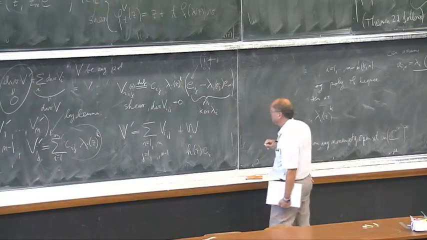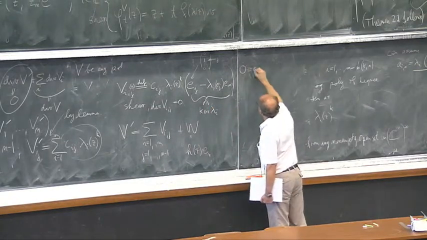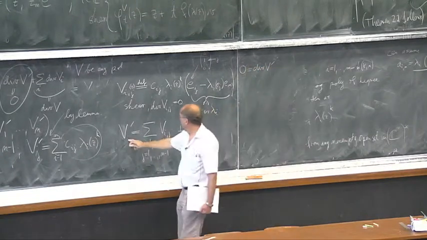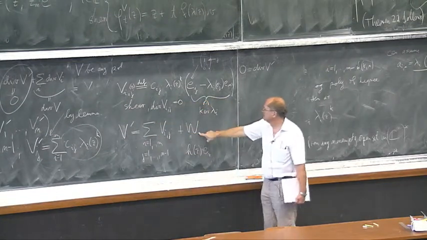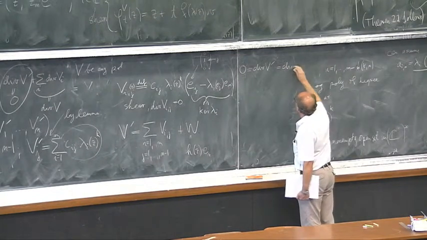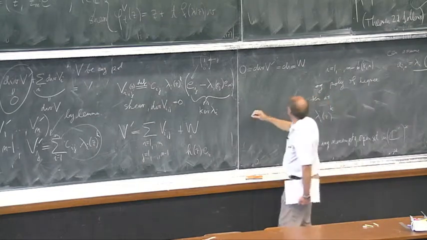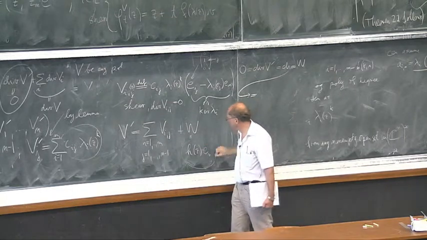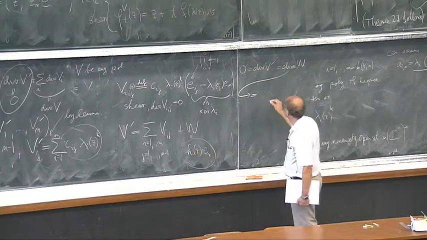Well, but now we are done, because now one more step. Okay, now we know that 0 is divergence of v prime. These guys also have 0 divergence. So it's equal to divergence of w. Okay, but divergence of w, so I have this field, is equal just to the derivative of h on the last variable.